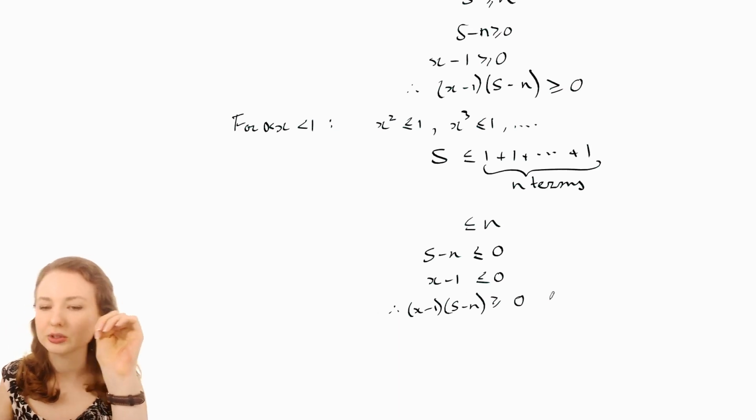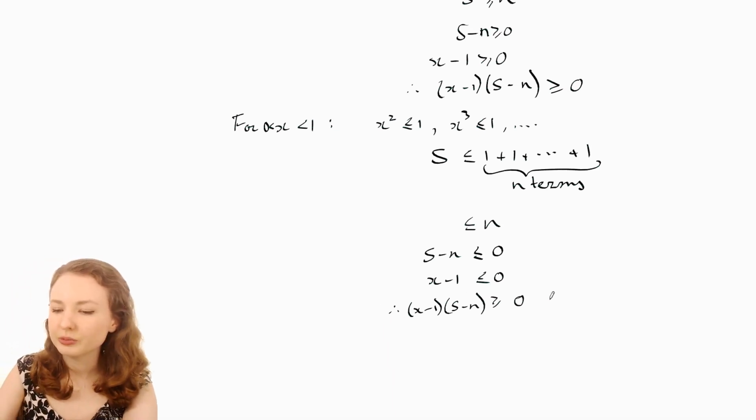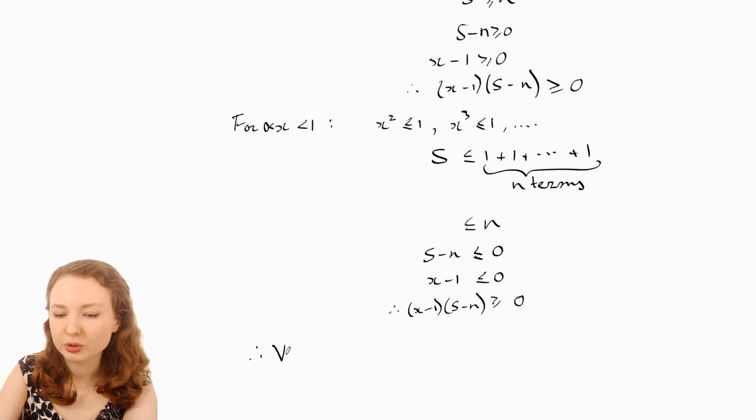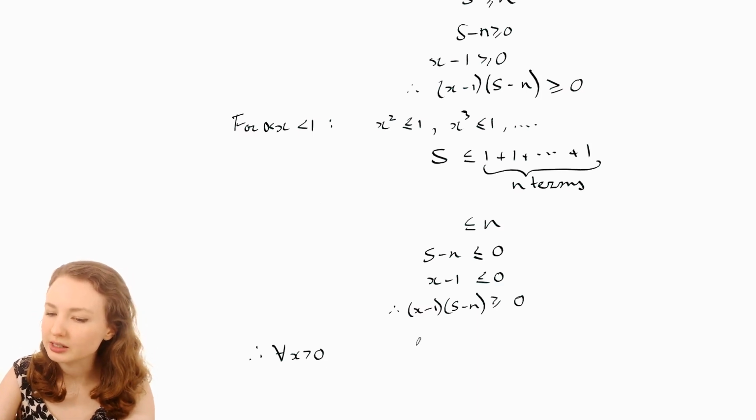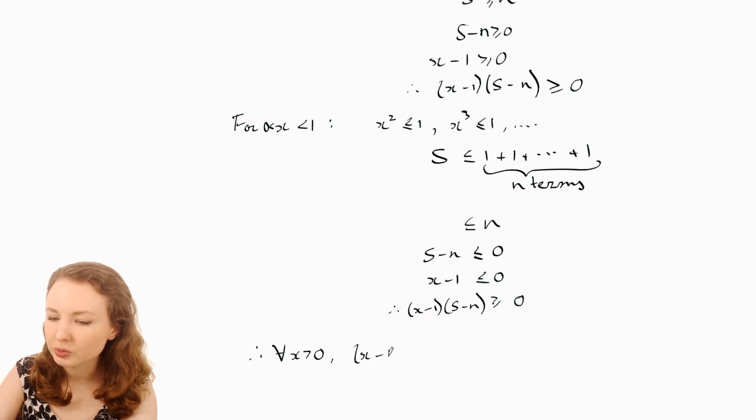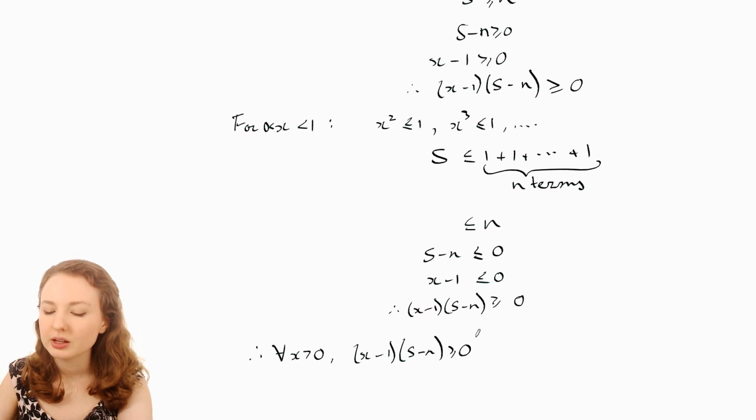Two negatives make a positive. Then we can say, therefore, for all x greater than 0, because we've covered all those cases, x minus 1, s minus n is greater than or equal to 0.